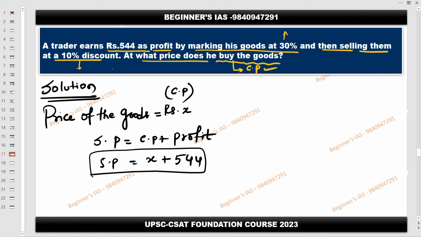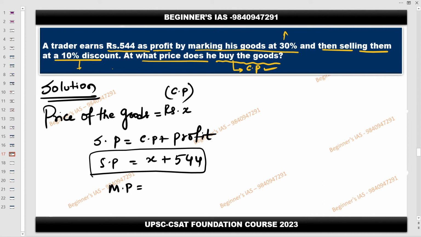Yes, sir. Fine. So after this, now listen carefully. Here, this profit is happening by marking his goods at 30% and giving the discount at 10%. So what would be the marked up price?